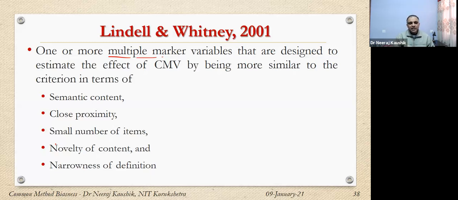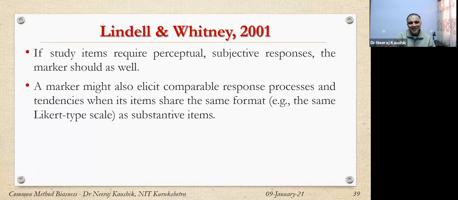So semantically, if it is a 5-point scale, the marker variable should also be semantically the same. It should be small, novel, narrow in definition, in close proximity, and so on. In terms of appearance, it should be the same, but in terms of essence, no correlation. That is something we need to work on.